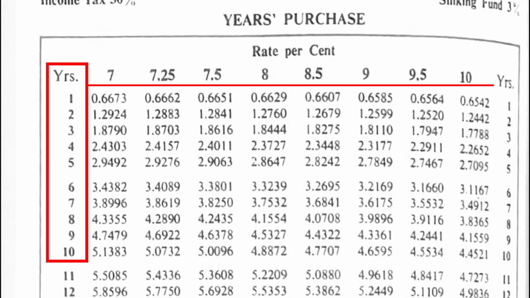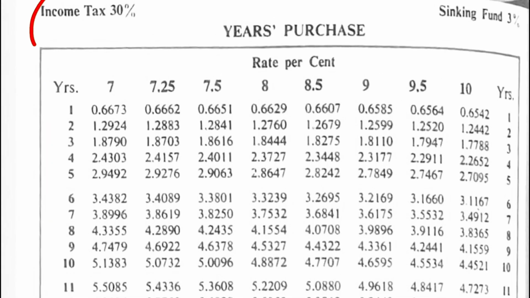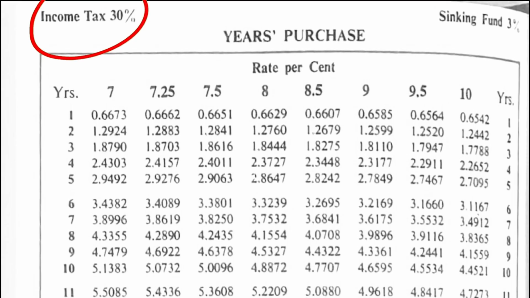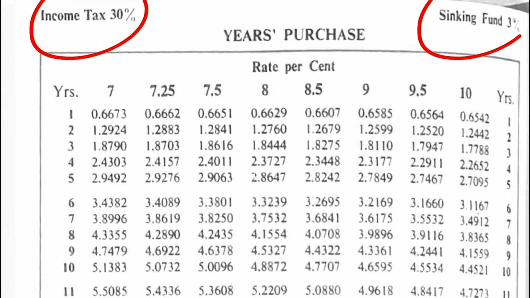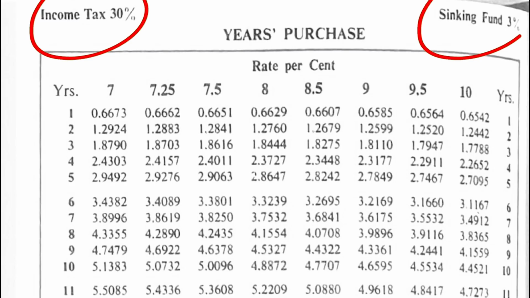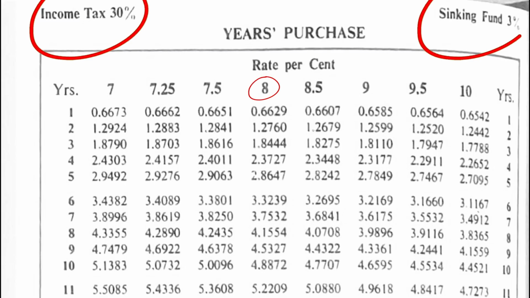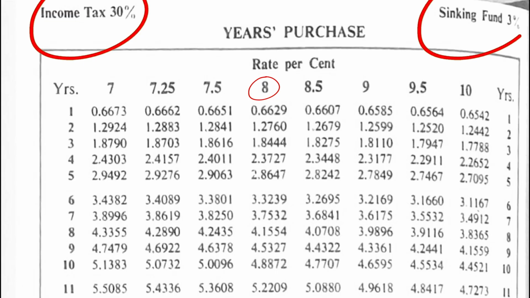So quite a number of details to look out for, and a mistake in one of them can just give you a wrong figure and throw your whole calculation off balance. So we have the income tax of 30%, we have a sinking fund rate of 3%, we have a remunerative rate of 8%, and then we have a number of years.